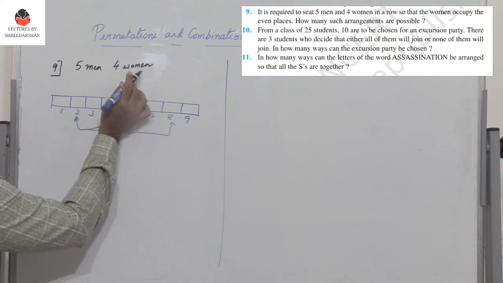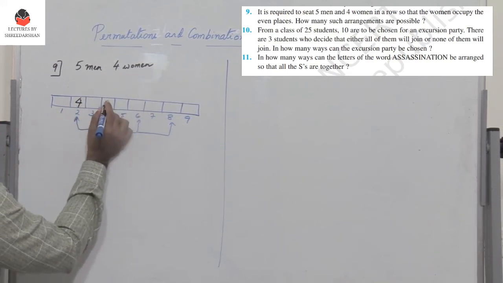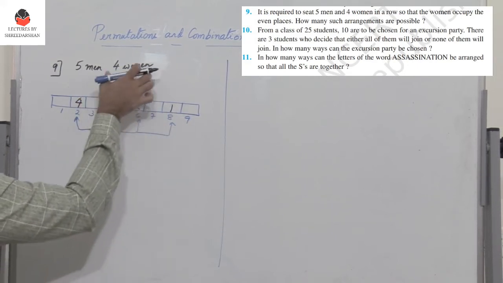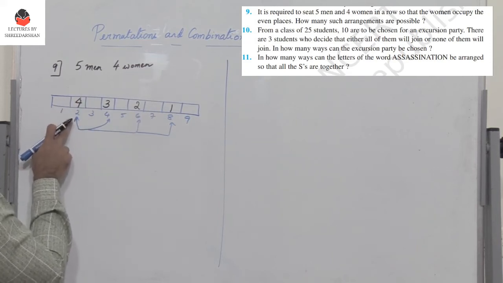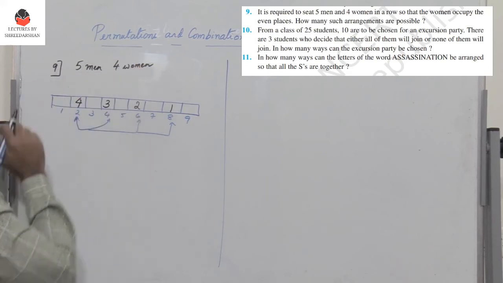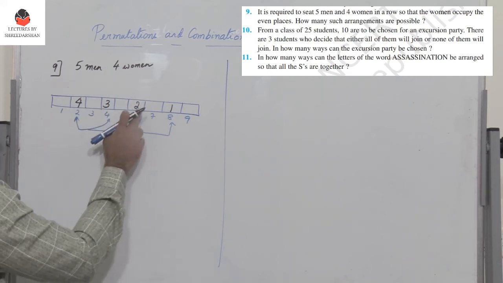Among these 4 I have 4 ways, and here I have 3, then you have 2, and then you have 1. Among these 4 in the even places I have 4 ways of placing, 3 ways in placing the remaining, then 2 and 1.